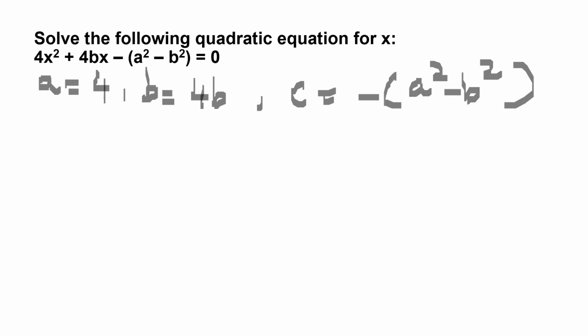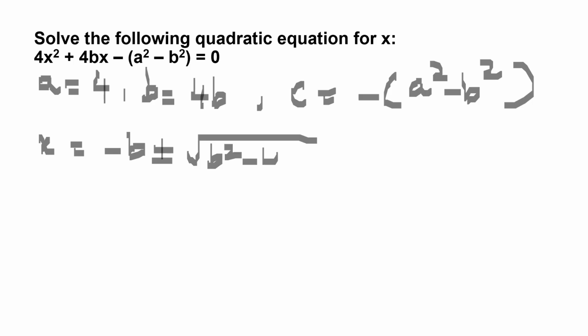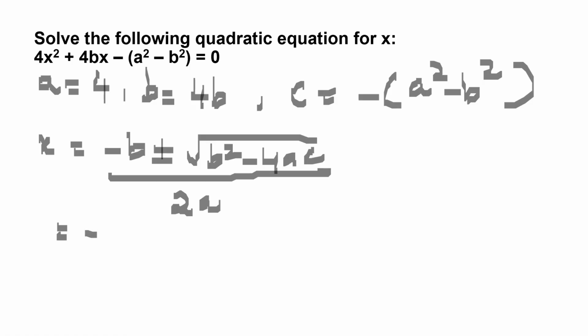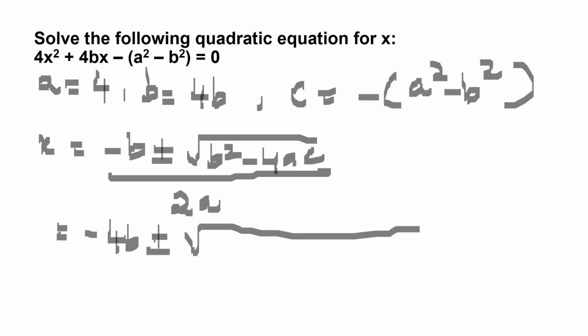Now quadratic formula, x is equal to minus b plus or minus root of b square minus 4ac whole divided by 2a. It is whole divided by, don't forget that. And this is equal to minus the value of b, 4b, plus or minus root of, what is 4b the whole square? 4b the whole square is 16b square.